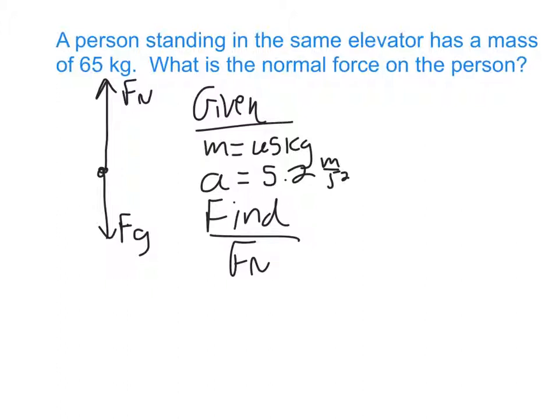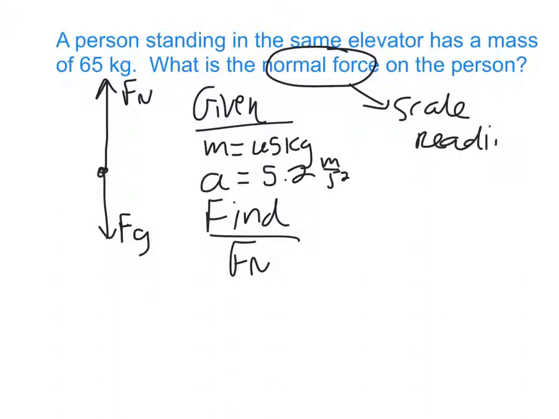You're going to see a few problems where a person is in an elevator and they're asking for normal force or scale reading. Know that normal force, anytime you see it, is the same thing as either scale reading or apparent weight.